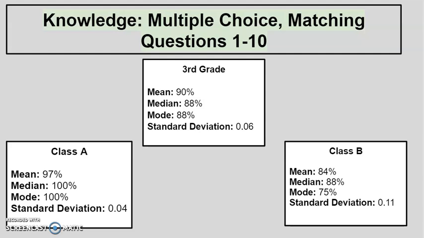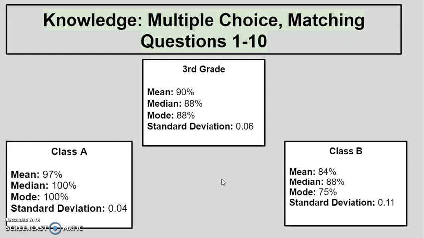This indicates an adequate level of mastery of this curriculum content among the third grade students. The median and mode, both 88, appear to confirm a high level of proficiency and knowledge about measuring matter by the third grade students.